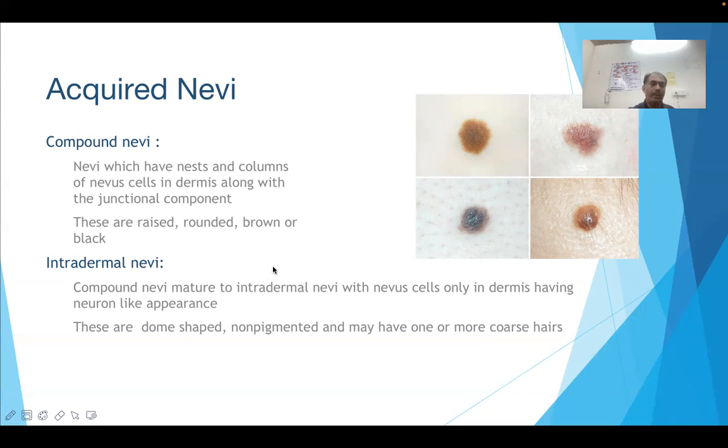And the intradermal nevi are the nevi which are lying in the dermis and having a neuron-like appearance. They are dome-shaped, non-pigmented, and may have coarse hairs. So the presence of hair over the nevus is an indicator of the depth of the nevus, suggesting that it is deep dermal and requires an excision so that recurrence can be prevented.